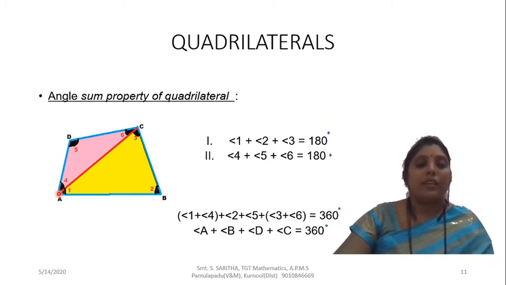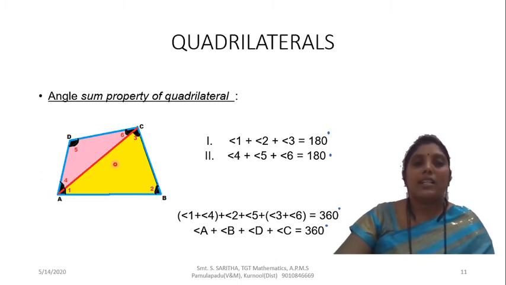For that, let us consider the quadrilateral ABCD and draw a diagonal AC. You observe that the diagonal divides the quadrilateral into two triangles, triangle ACB and triangle ACD. I am differentiating these two triangles with two different colors: yellow is one triangle and pink is the other.